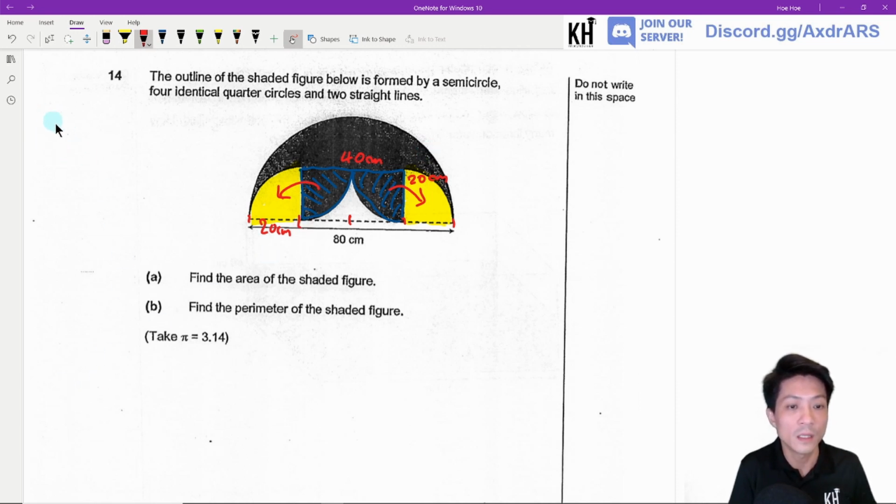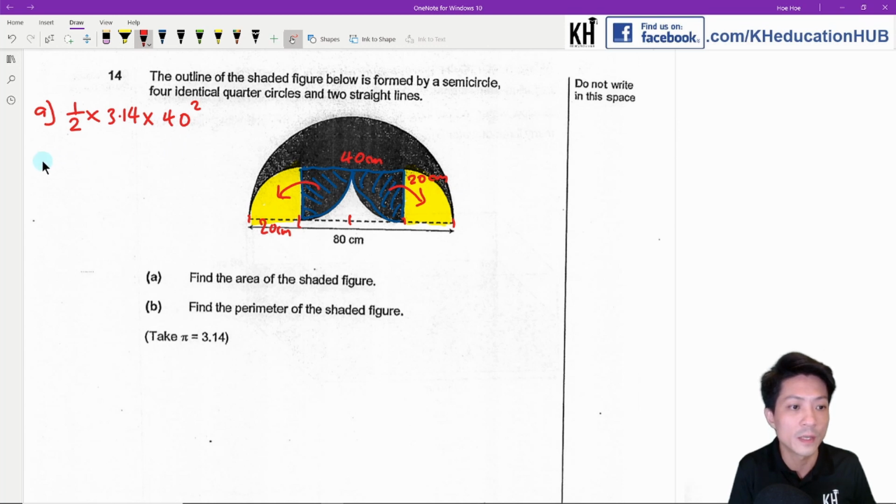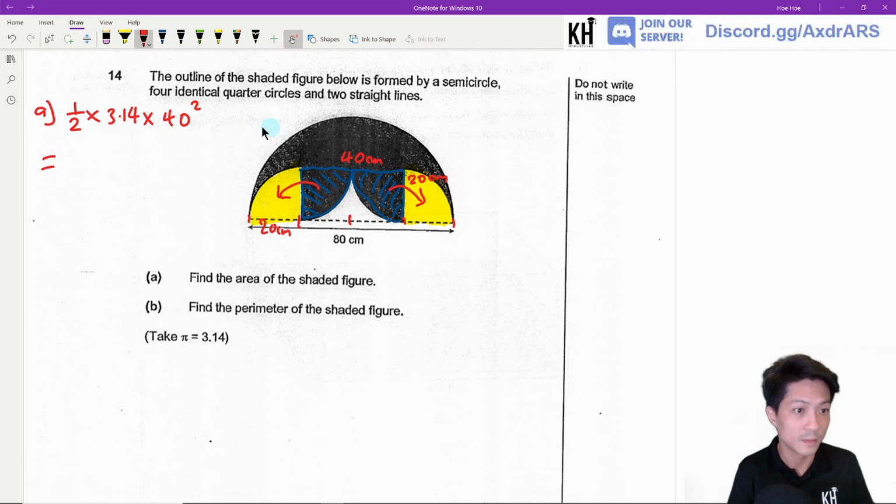So for part A, to find the area of the shaded figure, I'm going to find the area of the semicircle first. Half times pi times r square, 40 square. The radius is 40, right? So this will give me 2,512 square cm.